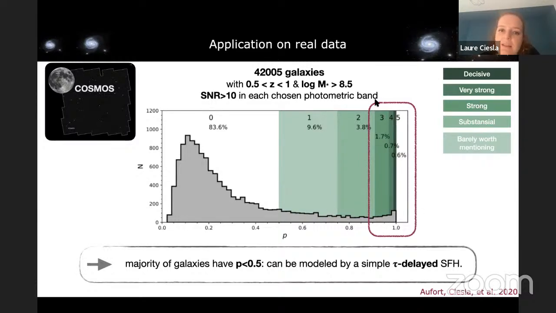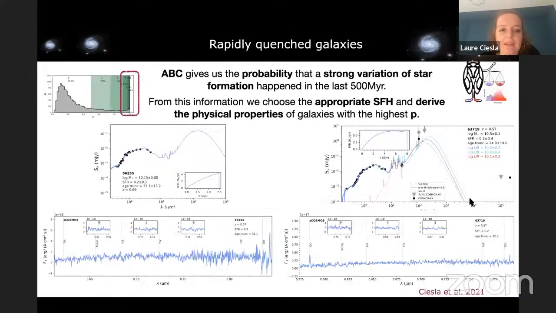But we wanted then to focus on these galaxies for which we are almost certain that a burst or quenching, just a quenching of galaxies or star formation rate, just happened recently. So this is the work we have been doing, and we were more interested in rapidly quenched galaxies, so not starburst. We focused on quenched galaxies.